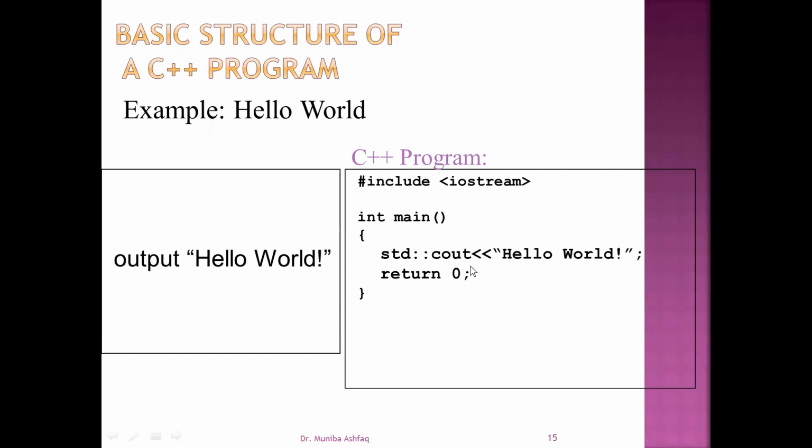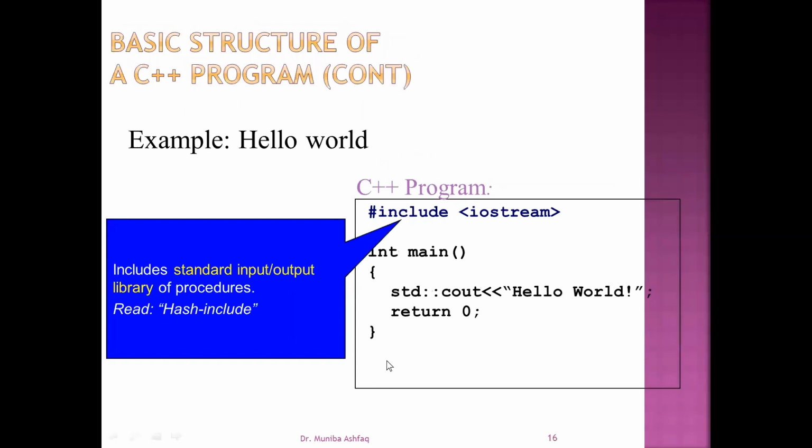So when you execute this program, which is written over here, hello world will be printed on the output. So this is an example of how you will be able to print the words hello world. First of all, you have the standard input output library, hash include iostream, input output stream.